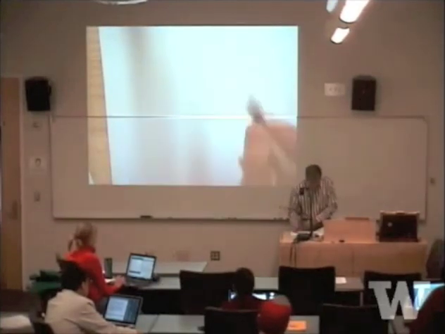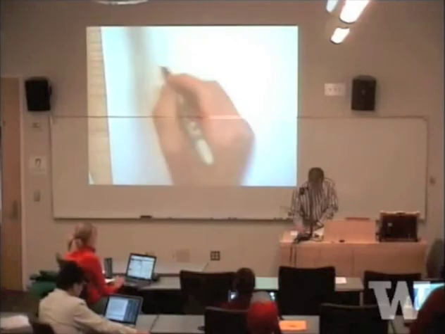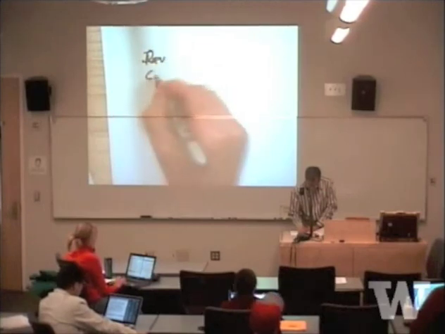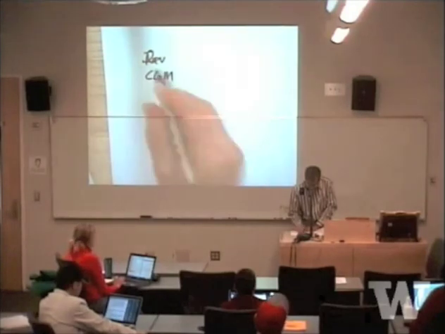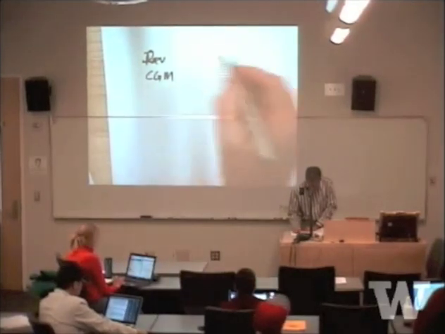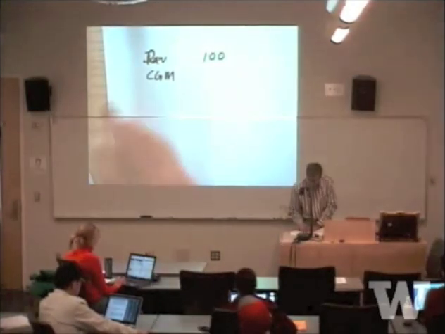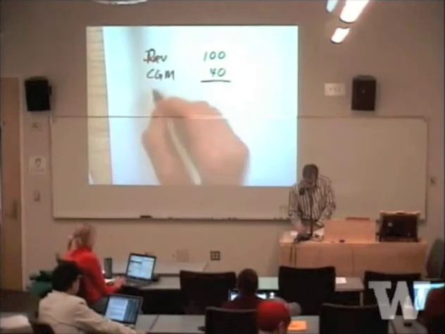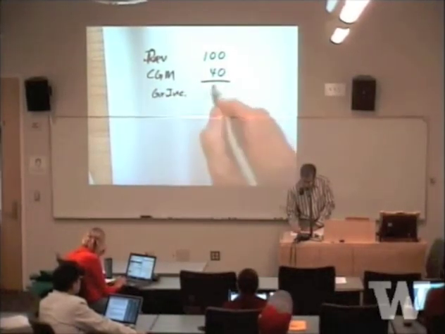It gives a number of things: income, or let's say revenue, cost of goods manufactured, and it says that if the revenue is 100, the cost of goods manufactured is 40, giving a gross income figure of 60.